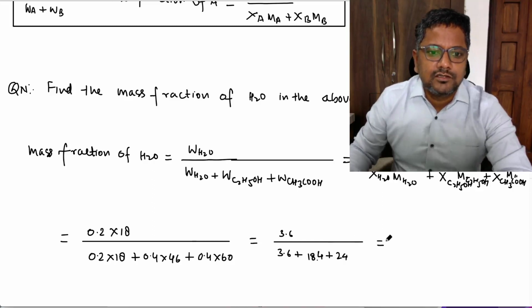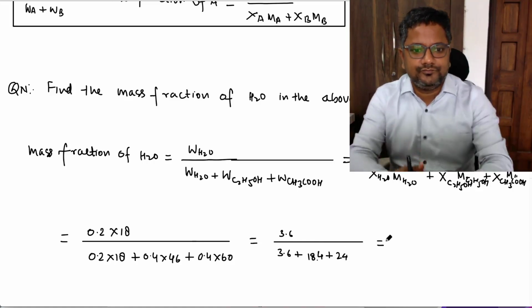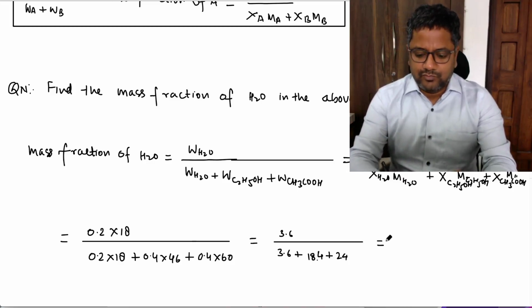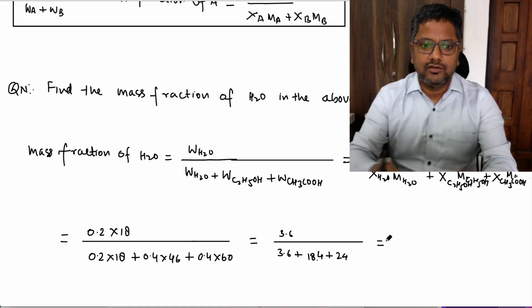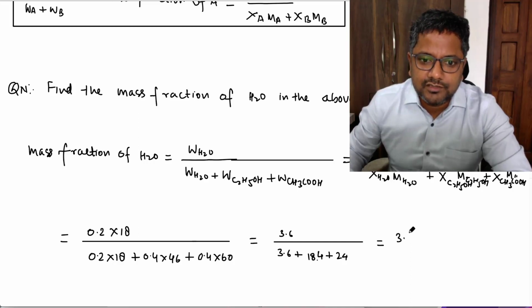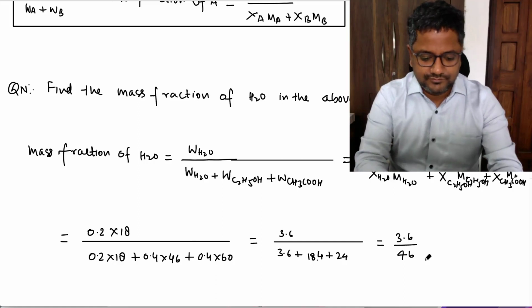So this is equal to 3.6 divided by, 24 plus 18.4 plus 3.6, that is 46.